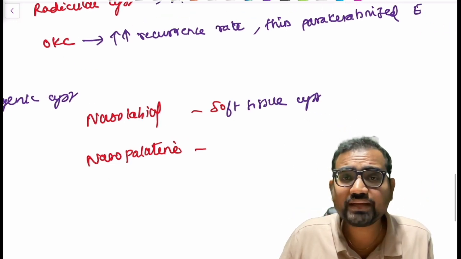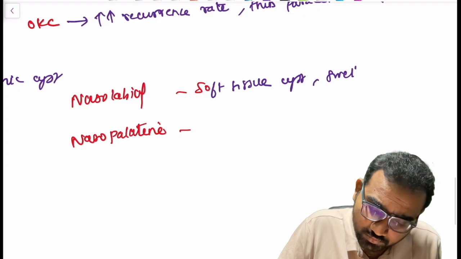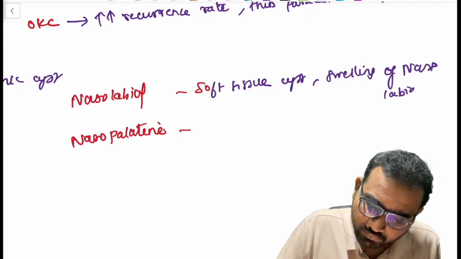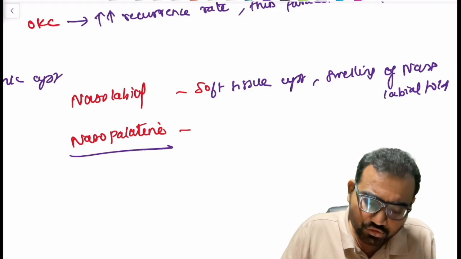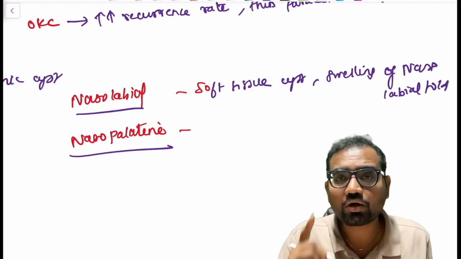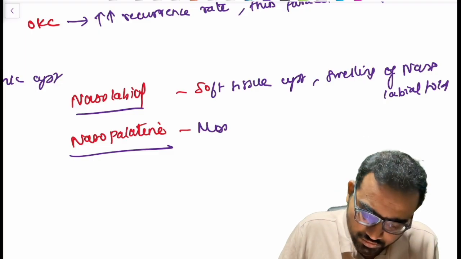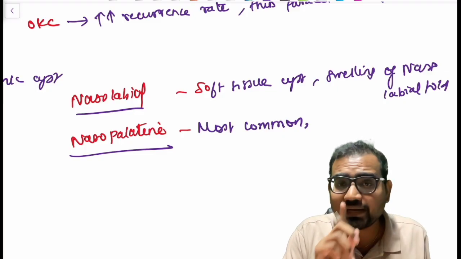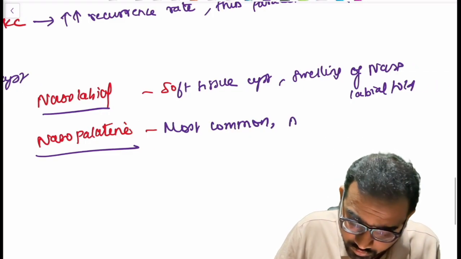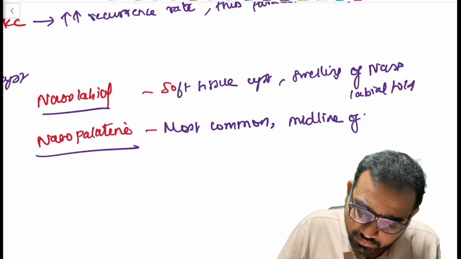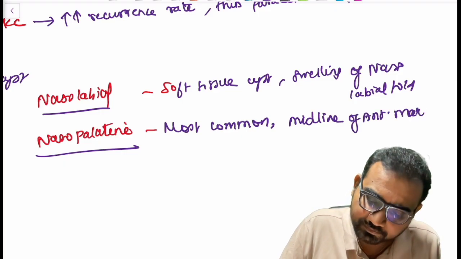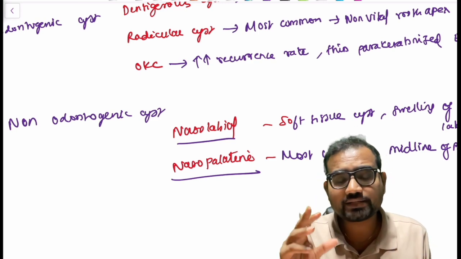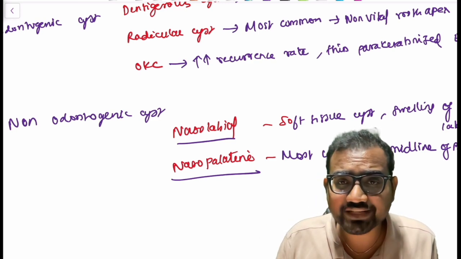There will be swelling of the nasolabial fold. In the case of nasopalatine, it is the most common non-odontogenic cyst and it involves the midline of the anterior maxilla. So it will be formed on the midline of anterior maxilla. So this is about non-odontogenic cyst: nasolabial and nasopalatine, of which the most common is nasopalatine.